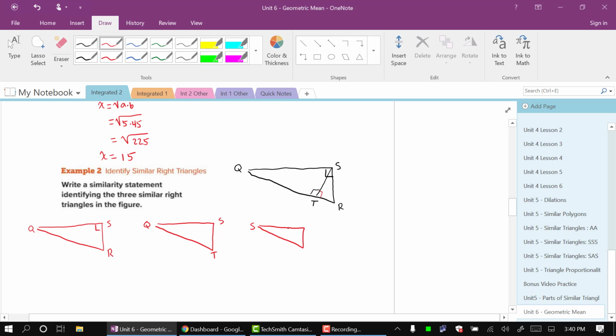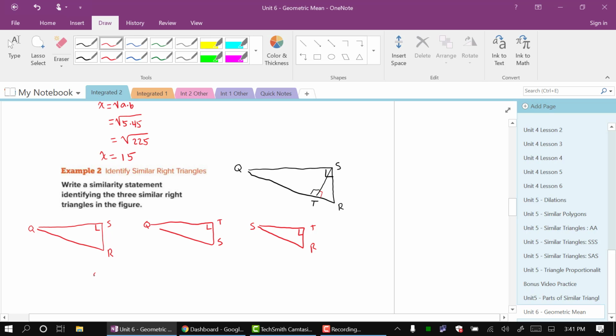So those are all of our right triangles. These got to be flipped. QTS. There we go. So those are our three right triangles.